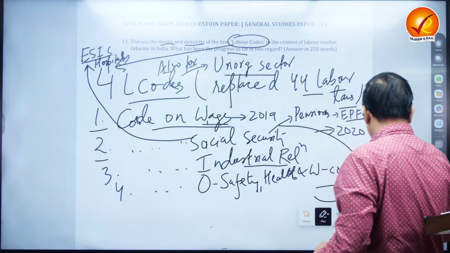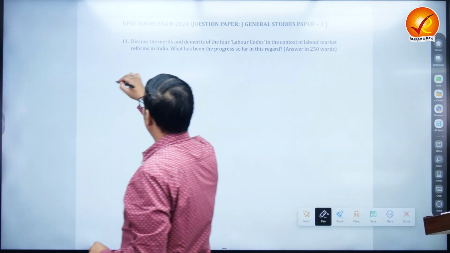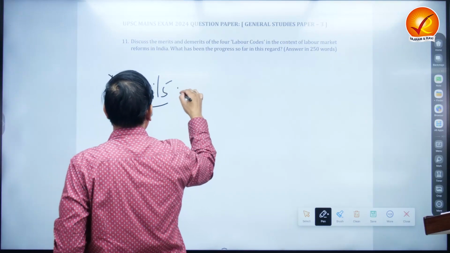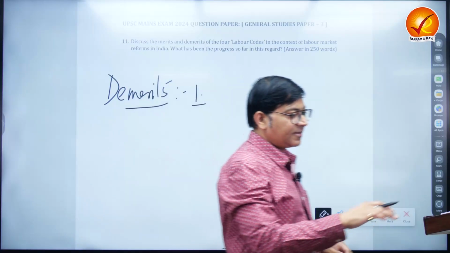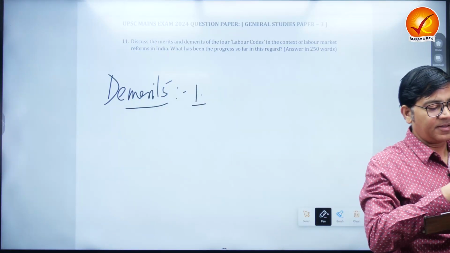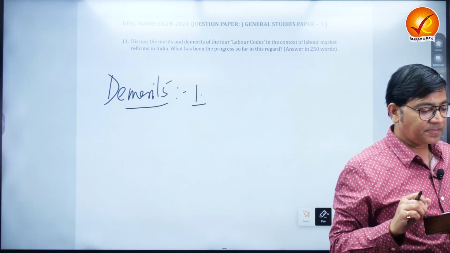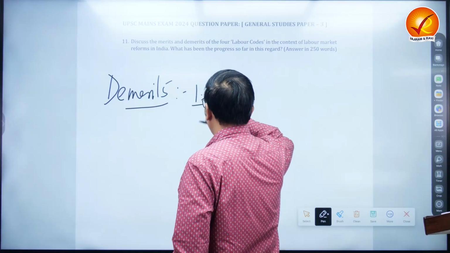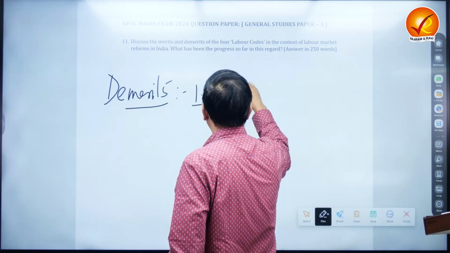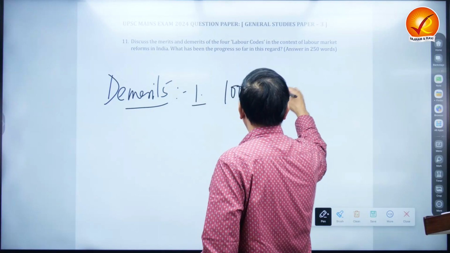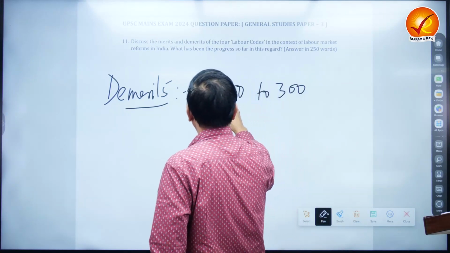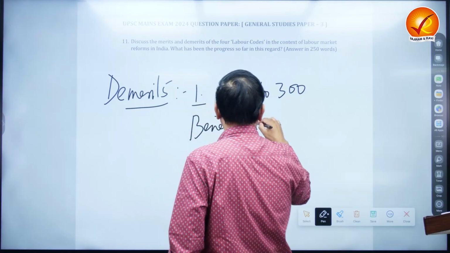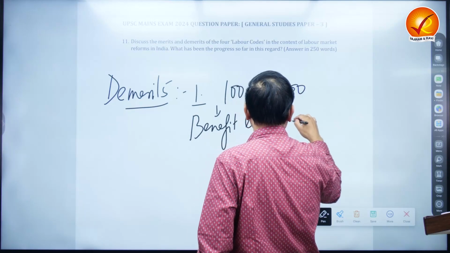What kind of demerits can be talked about here? In demerits, you can talk about a number of things. There is a feeling that the increase in the number of workers, which I was talking about, 100 to 300, will benefit a limited number of industries.